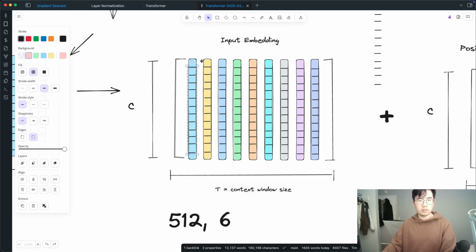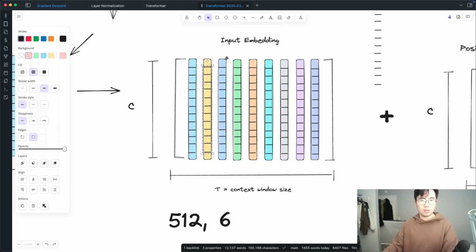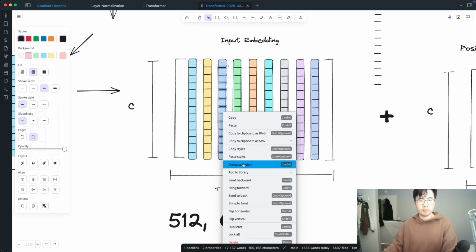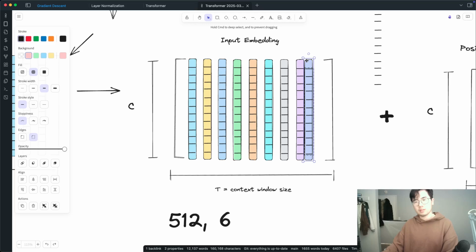Group selection. Perhaps what you need to do is, what if you had it like this?